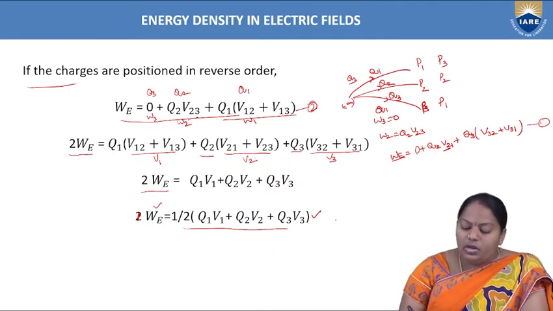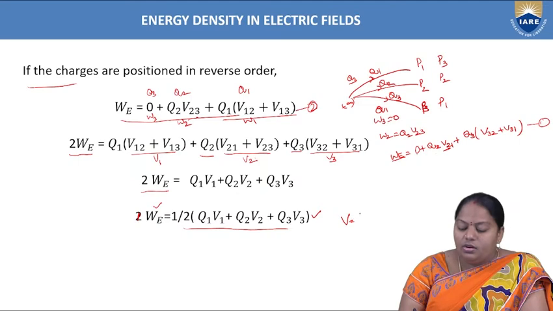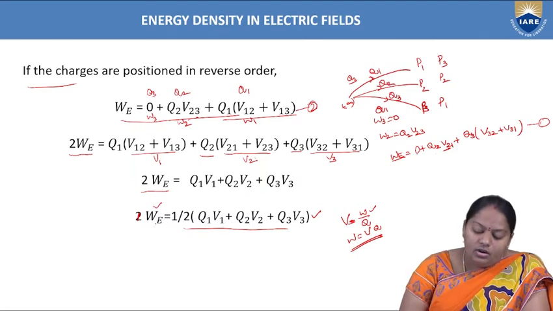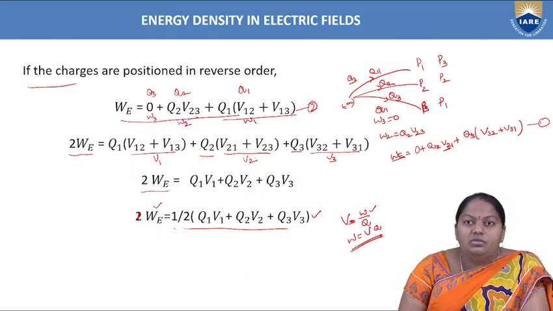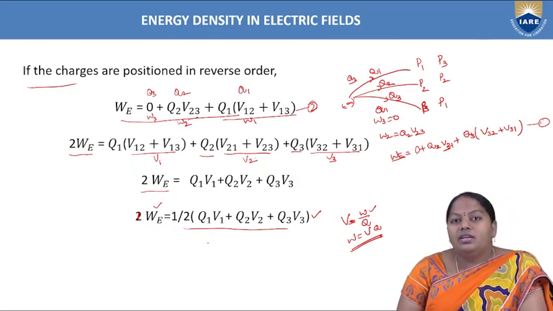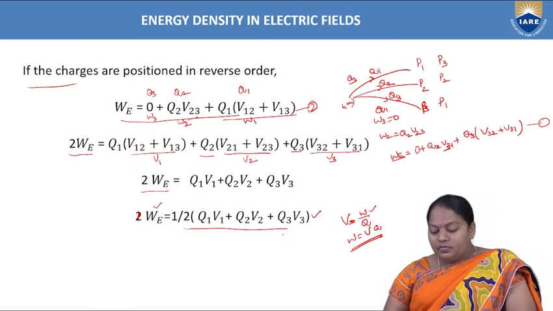This is obtained from the electric potential relation, V equal to W by Q. Electric potential can be defined as work done per unit charge. From that, work done can be calculated as the product of electric potential and the point charge. So based upon this relation, we have WE equal to 1 by 2 into (Q1 V1 plus Q2 V2 plus Q3 V3). Right?